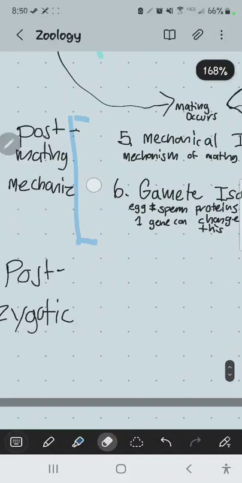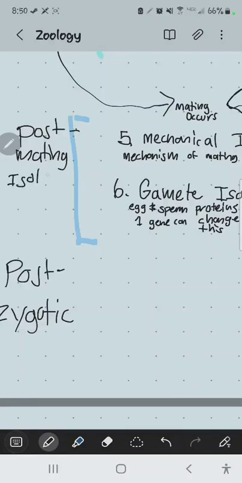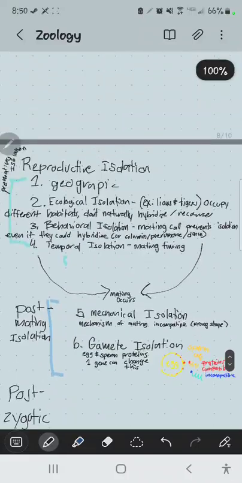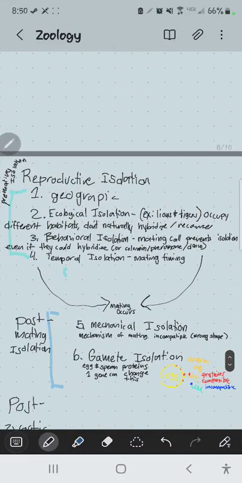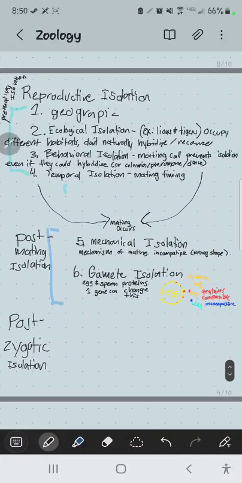Once the egg has been fertilized and you now have a 1-cell embryo that is beginning to divide into 2, 4, 8, going through embryological development, that's called a zygote. A zygote is when you have the chromosomes, the male and female combined, a fertilized egg. You still have mechanisms that could result in isolation post-zygotically.